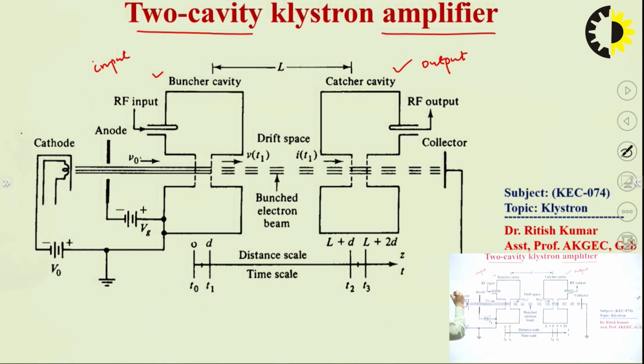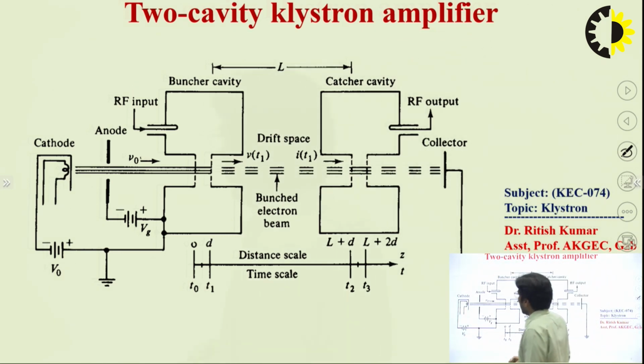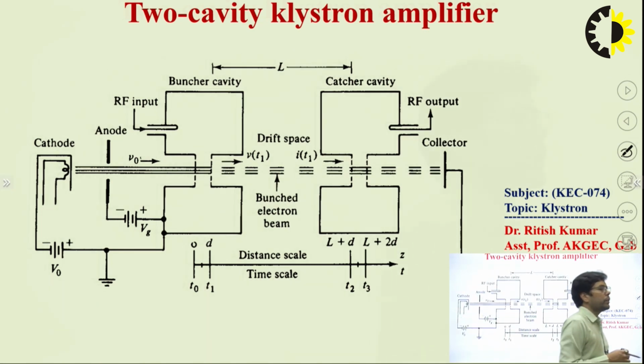So this is a cathode. This one is the anode. RF input signal here, drift space we can say, and all these things we will learn in detail one by one. Now superficially I can tell you the basic principle of the device is velocity modulation. How can velocity modulation happen in this device?